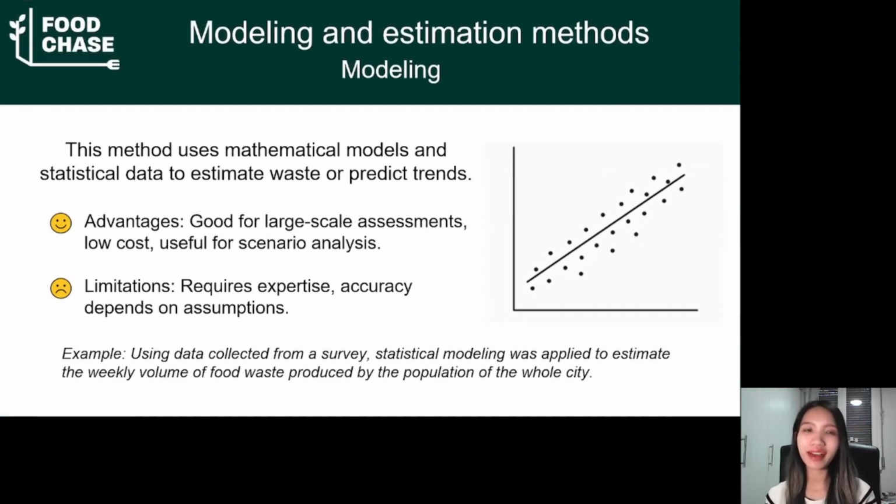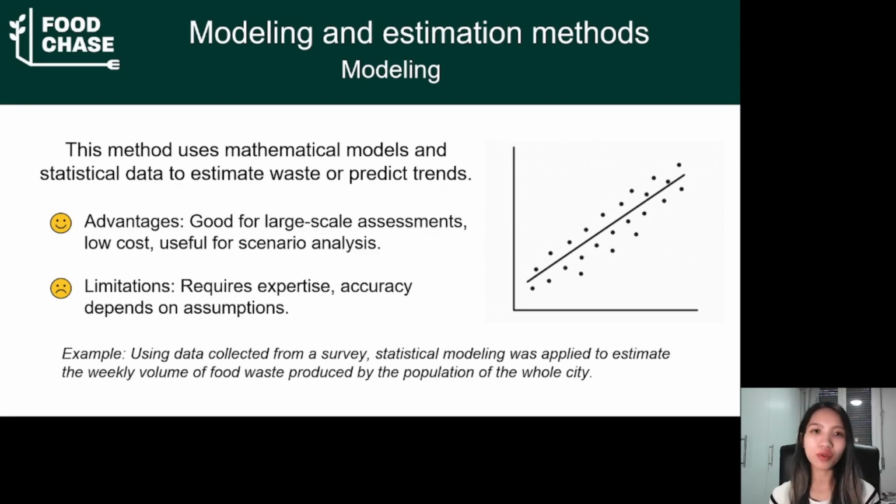When direct data are not available, you can use modeling and estimation methods. In particular, the modeling method uses mathematical models and statistical data to estimate waste or predict trends.